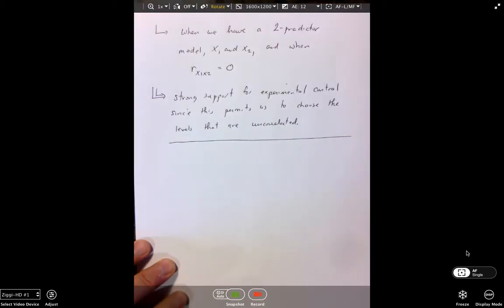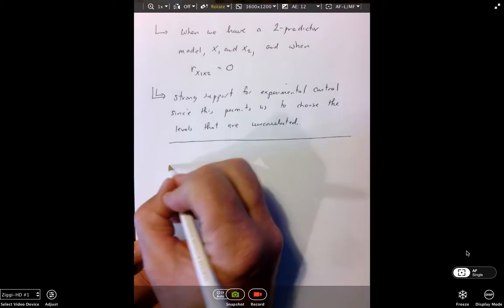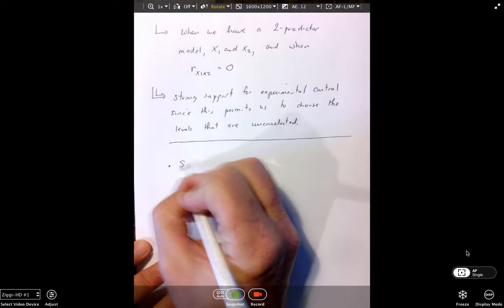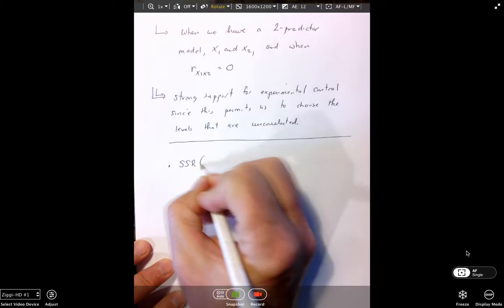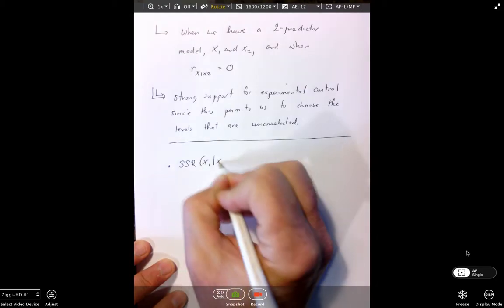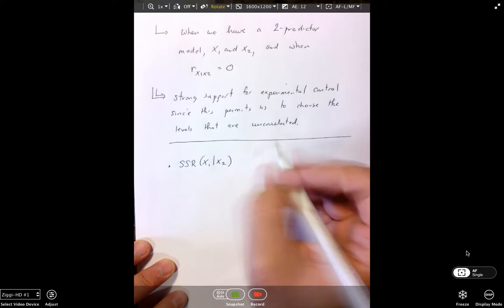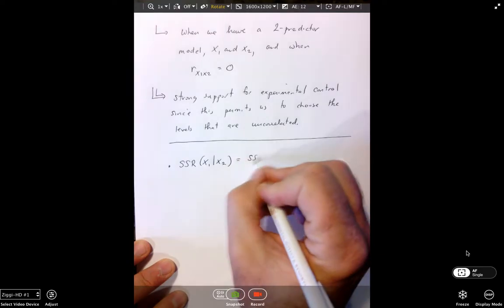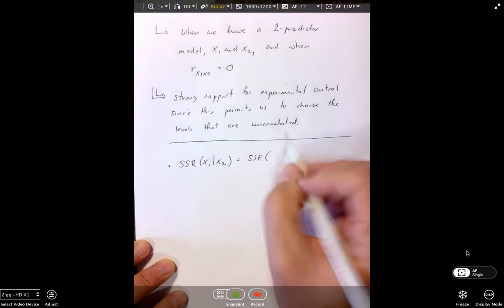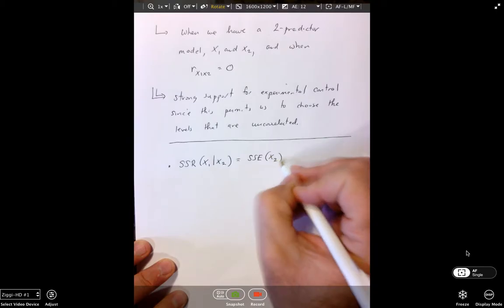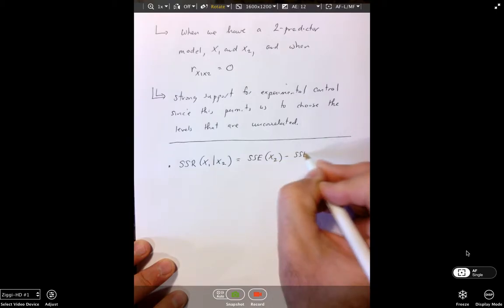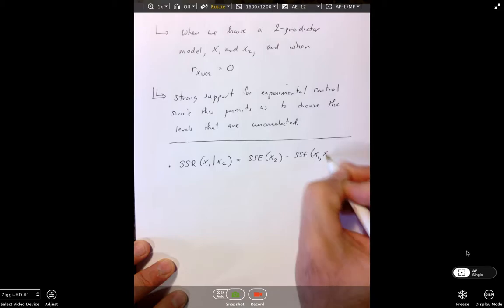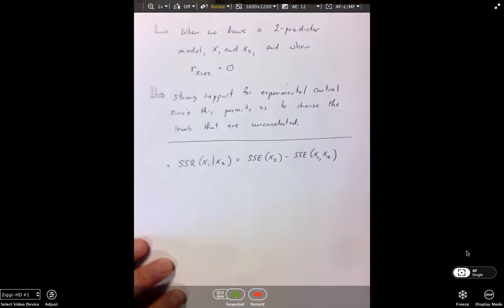Now, another important factor is that the sum of squares regression when adding x1 to the model when x2 is already in the model will be the sum of squares for x2 minus the sum of squares for the whole model.